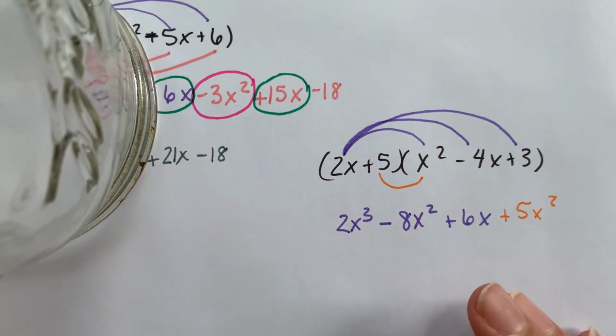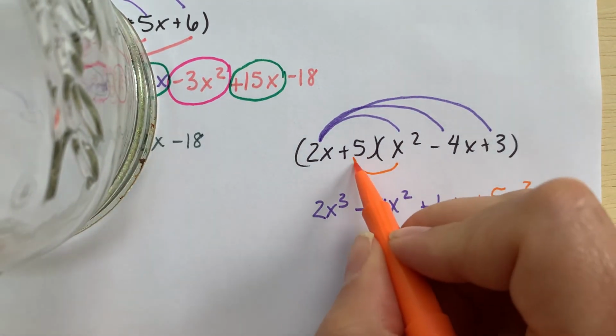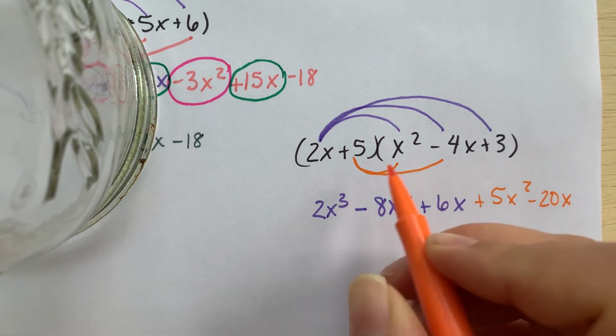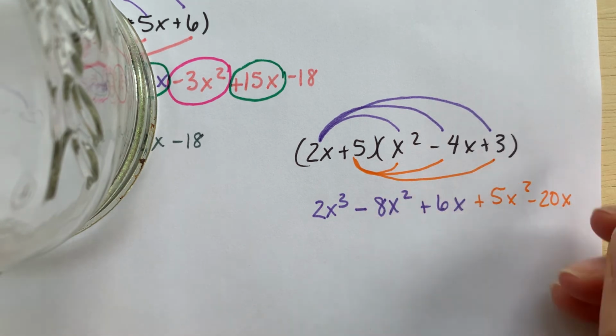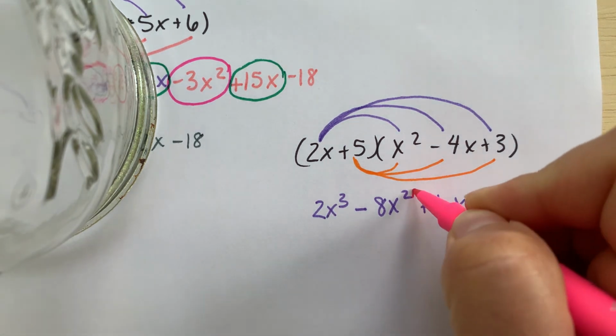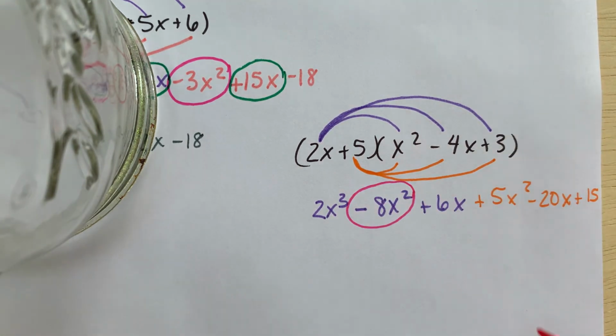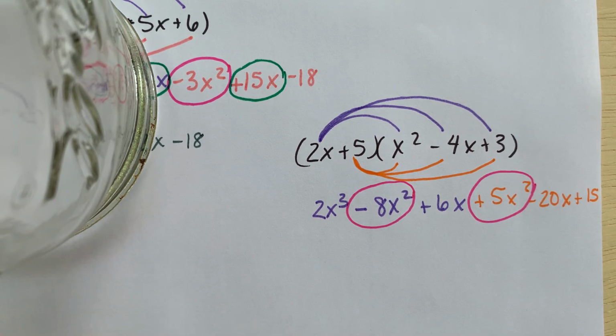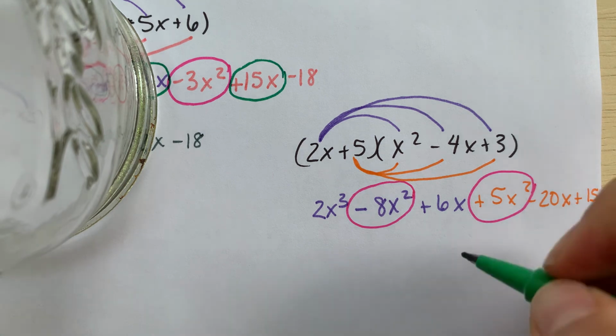Sorry guys, I'm running out of room. 5 times a negative 4x is a negative 20x, and 5 times a positive 3 is 15. Now, just like before, we have to combine anything that's exactly the same. I don't have any x cubes, but I do have x squareds, and I do have 2 x's.